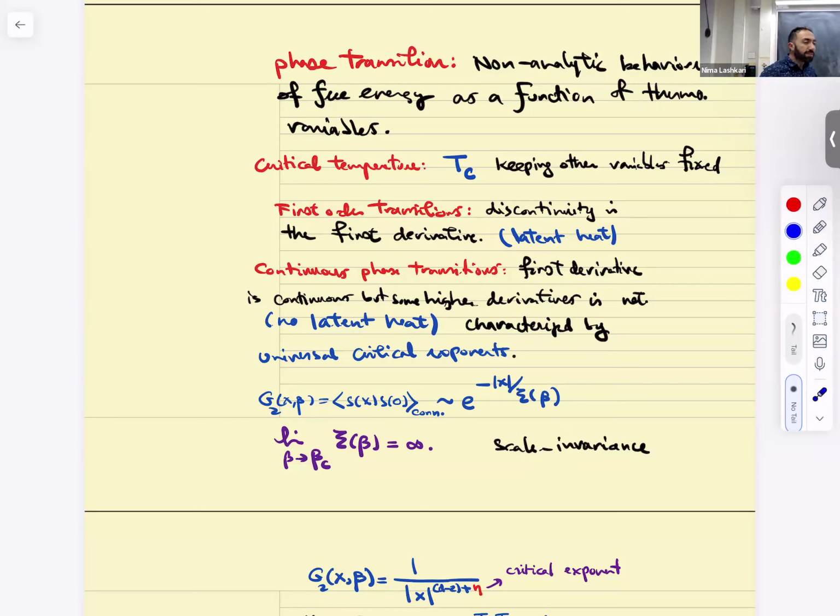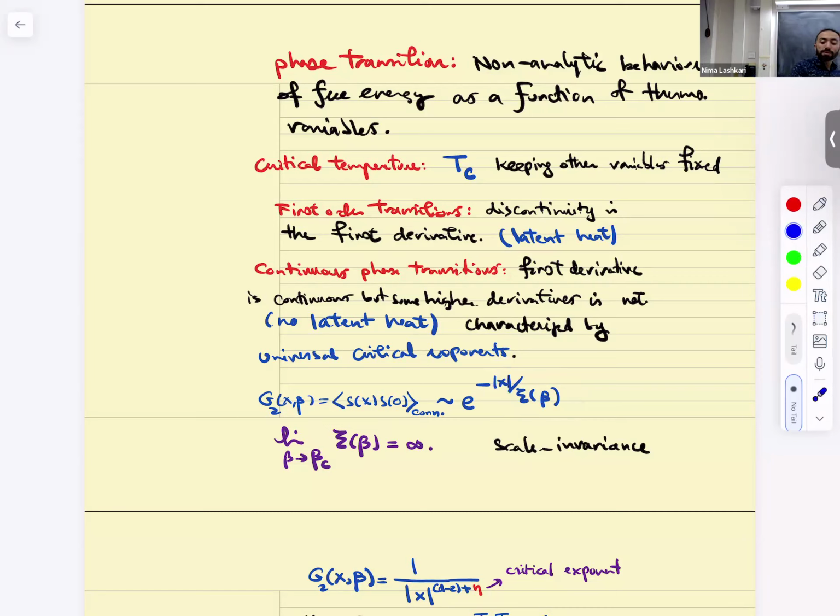But the physics of this comes from the following fact, that it's understood that in these systems that undergo continuous phase transition, if you calculate the 2-point function, right? Say the connected 2-point function. For example, S of x, S of 0, it's going to fall off exponentially fast, right? And the coefficient of the exponent, because this is dimensionful, you have to have a dimensionful parameter.